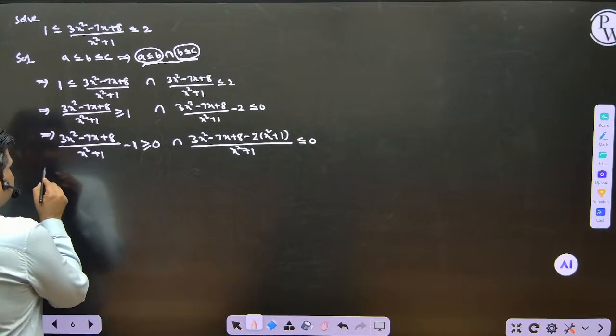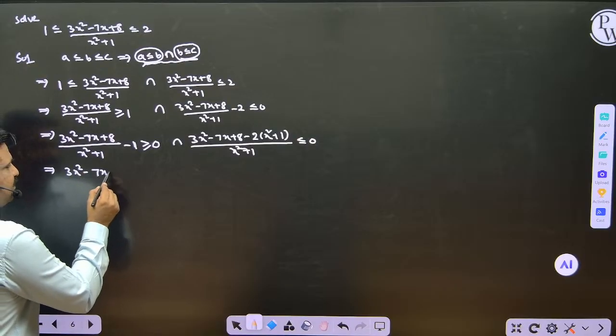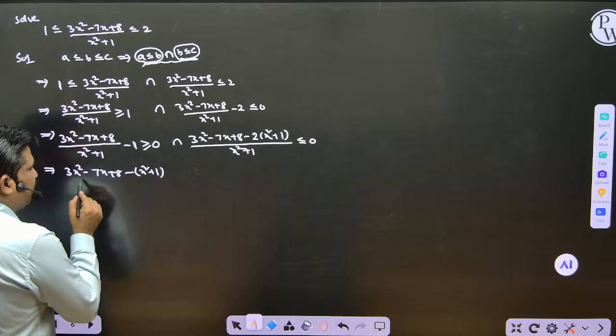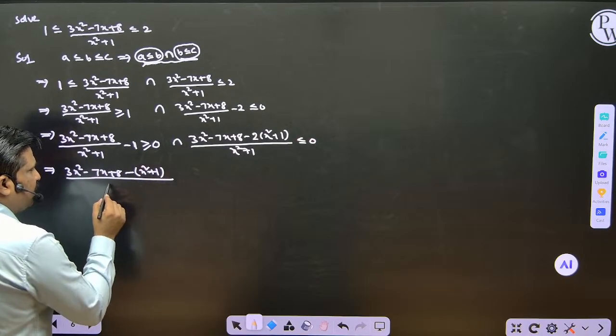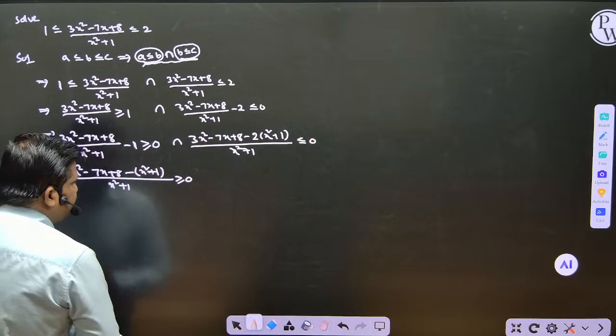Now this is also simplified: 3x square minus 7x plus 8 minus of x square plus 1, by x square plus 1, greater than or equal to 0.